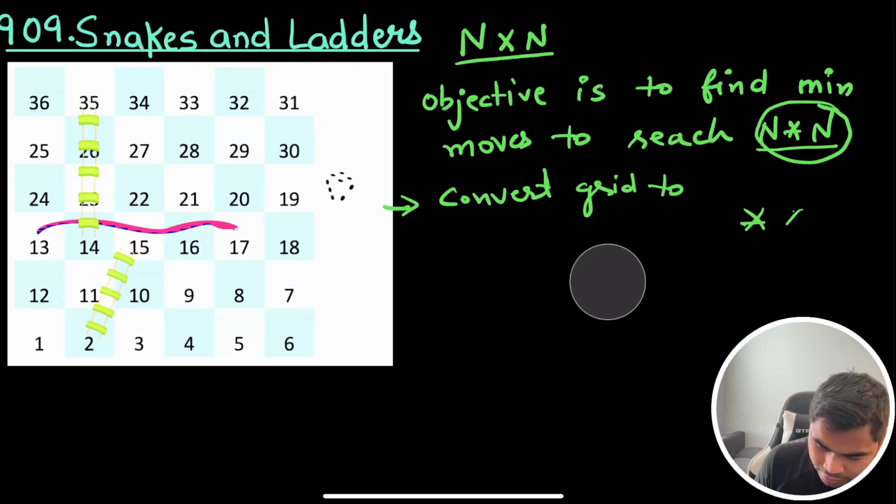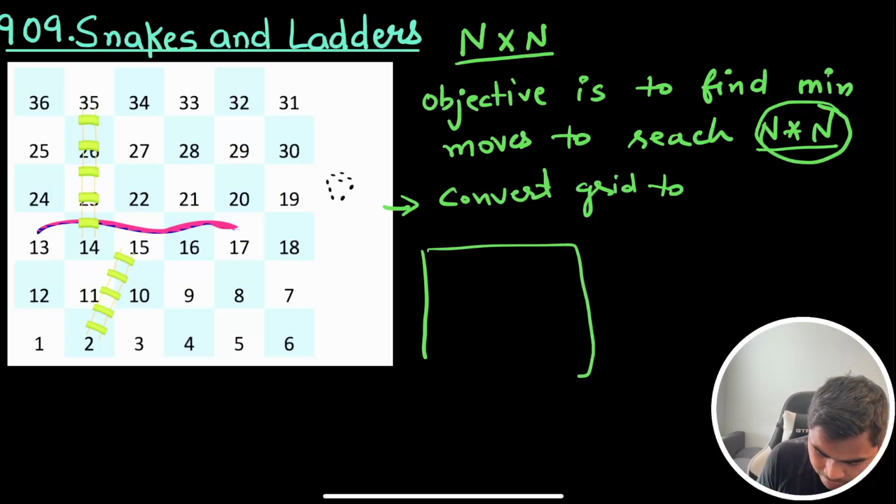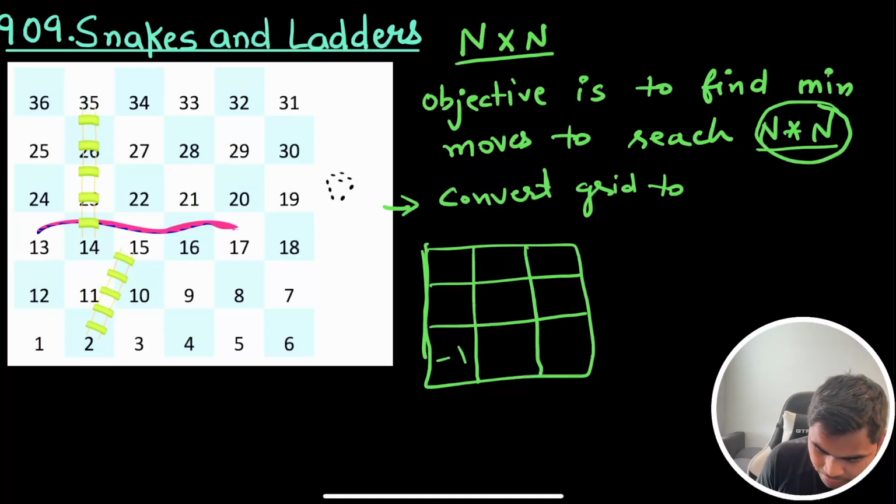This is pretty big, but let's say we had a 3 by 3 board, mostly filled with -1. So it can be 1 2 3 4 5. So 5 takes us here, and then this can have -1, -1, and then -1, -1, -1, -1. There's just one of these that we have.